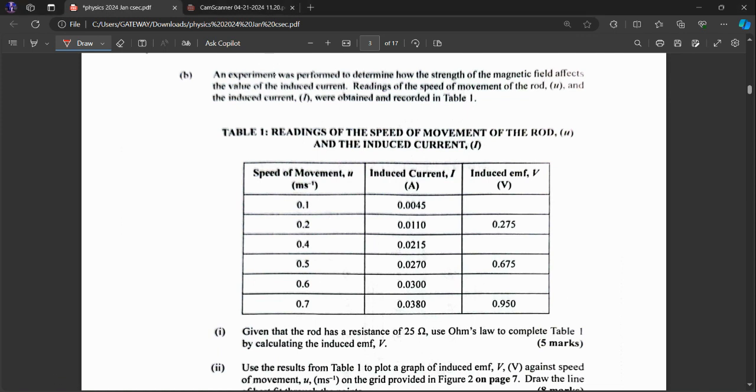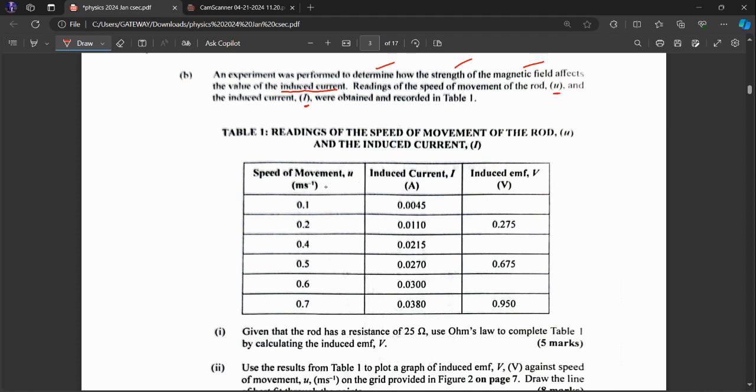Part B reads as follows. An experiment was performed to determine how the strength of a magnetic field affects the value of induced current. Readings of the speed of movement of the rod, which is u, and the induced current, I, were obtained and recorded in the table below.